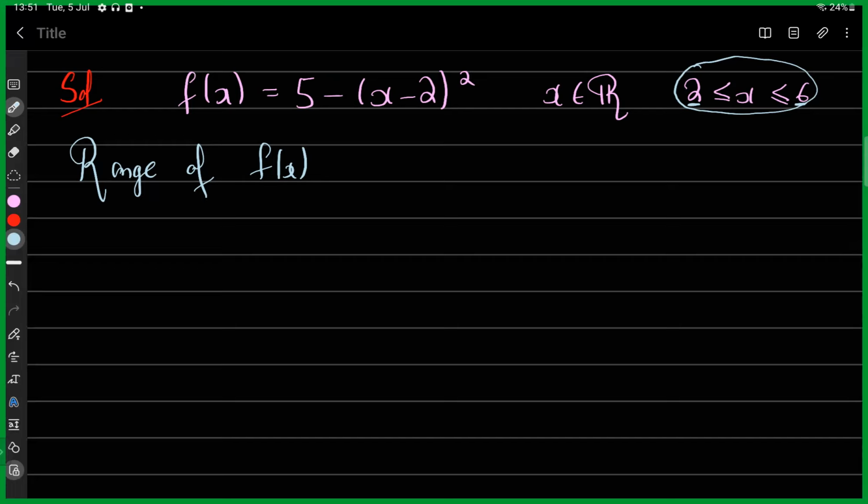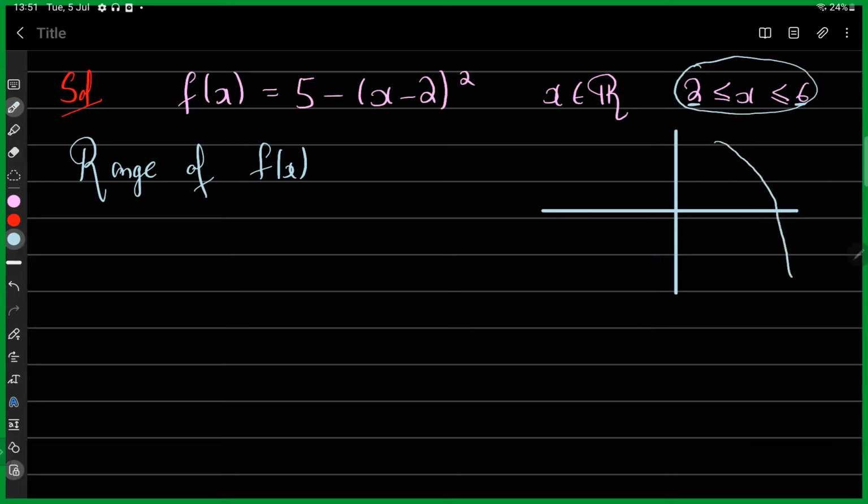So let me quickly make the graph again. Initially we had the complete graph, but now since the domain is from 2 to 6, I would only have this part of the graph.